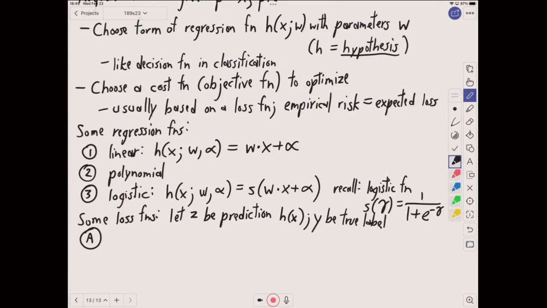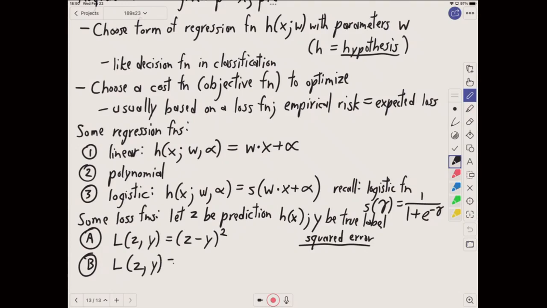And the most commonly used loss function is just the squared error. You take the difference between your prediction and the correct label and square it. But that's not the only alternative that exists.